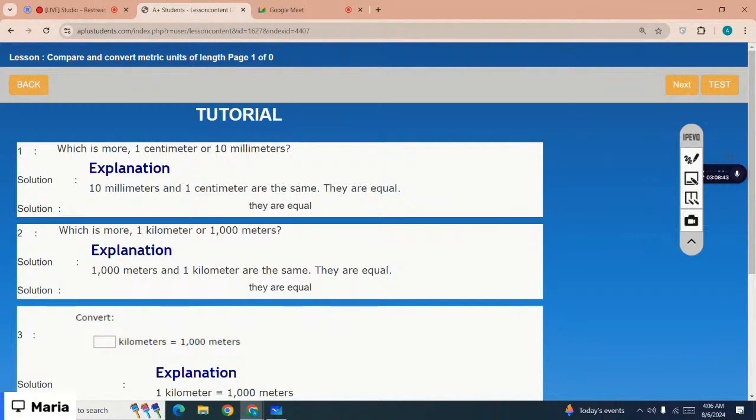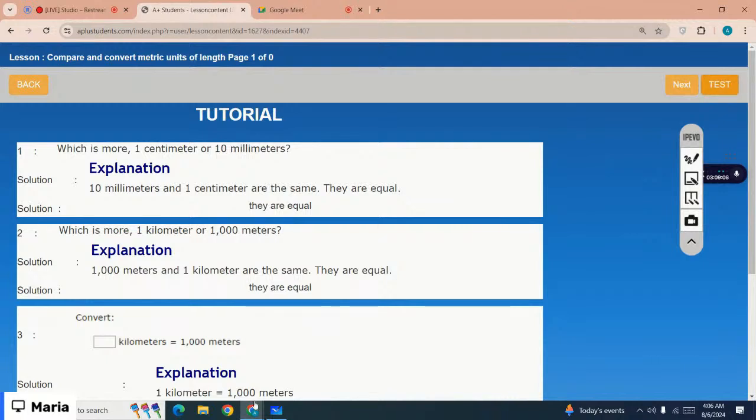Which is more, 1 kilometer or 1000 meters? So which is the correct option? That is, 1 kilometer equals 1000 meters, right?